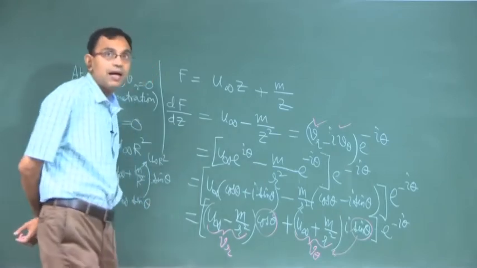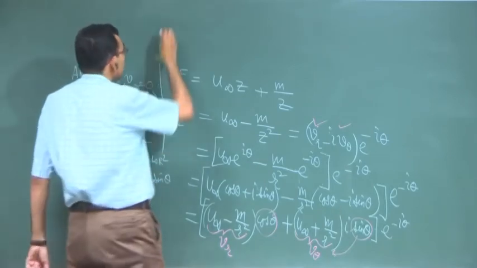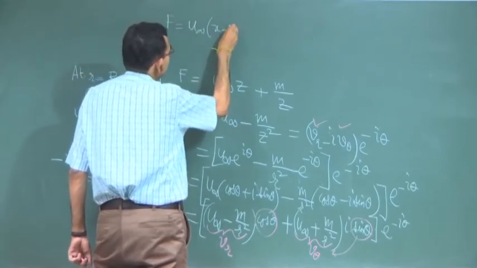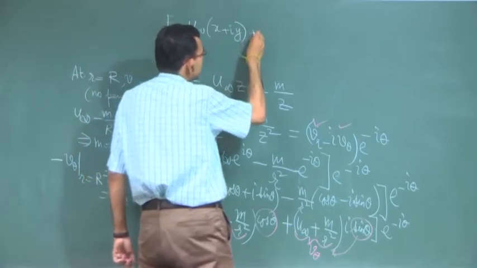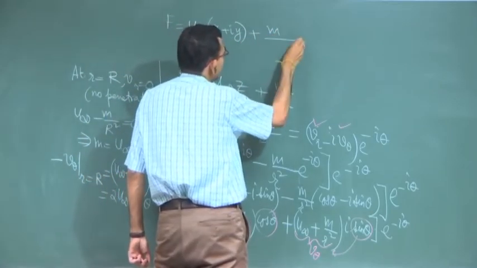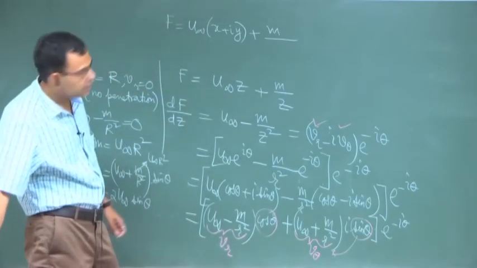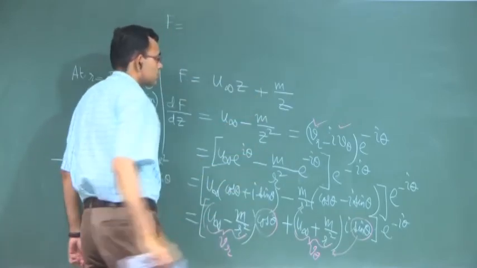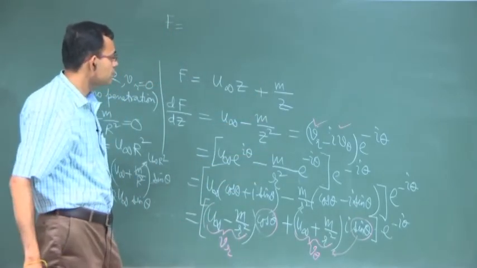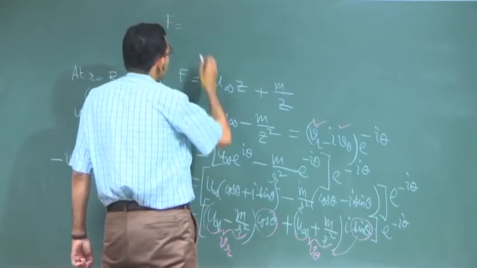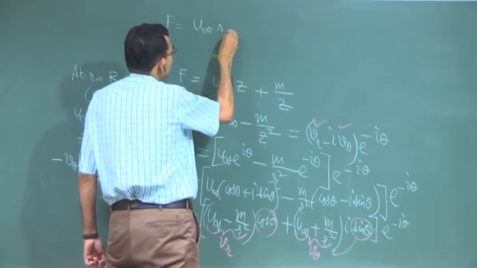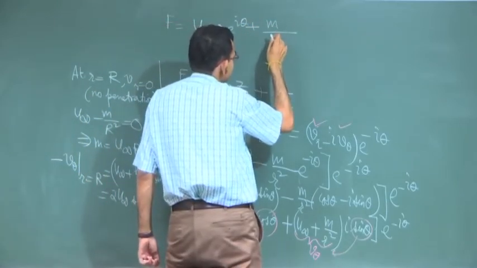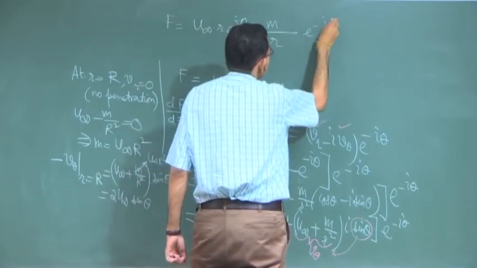So, to draw the streamlines, f is u infinity z, where z is x plus iy, plus m by z, or you can even write in terms of r and theta: u infinity into r e to the power i theta plus m by r e to the power minus i theta.